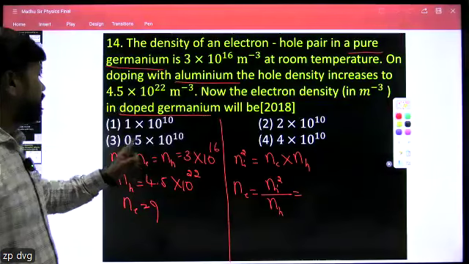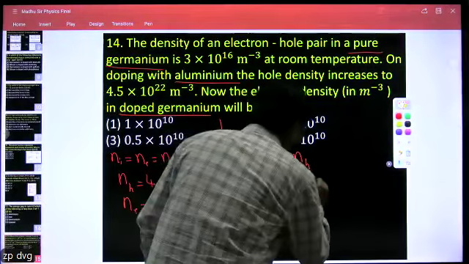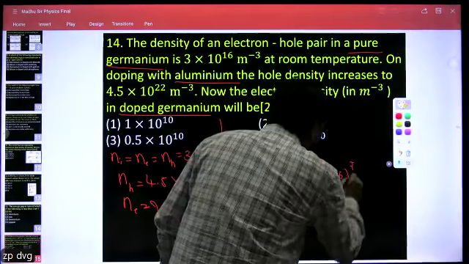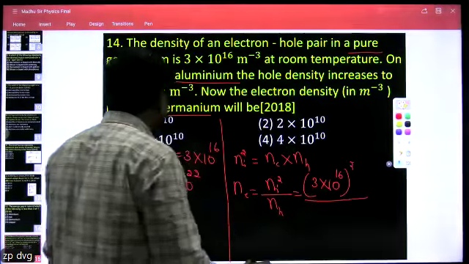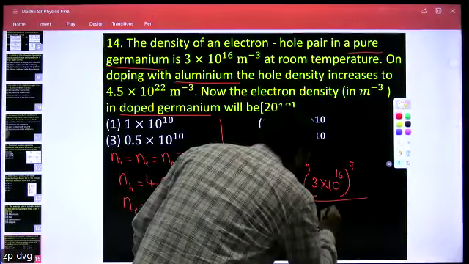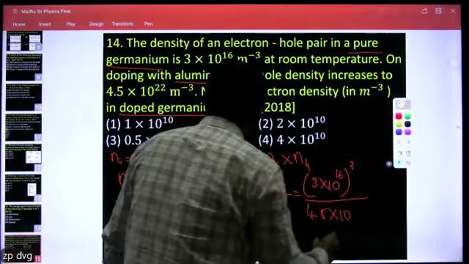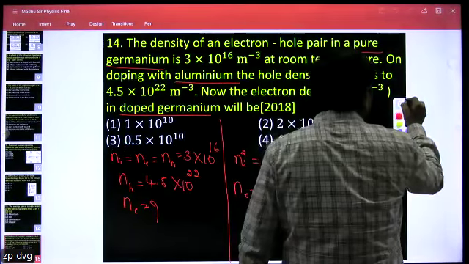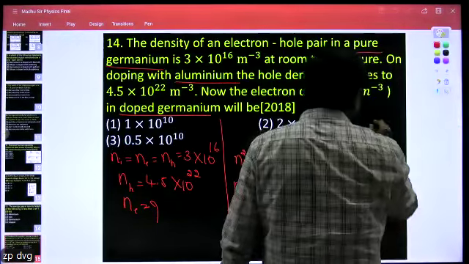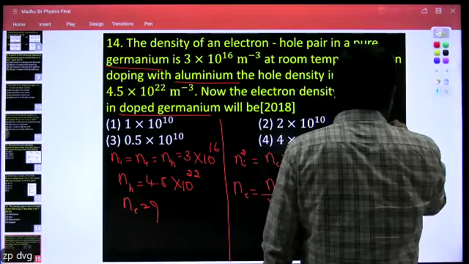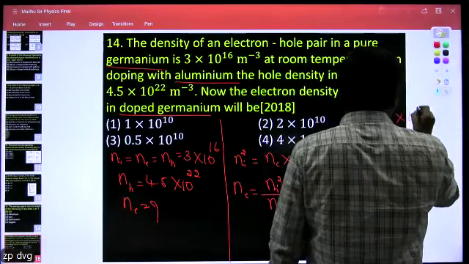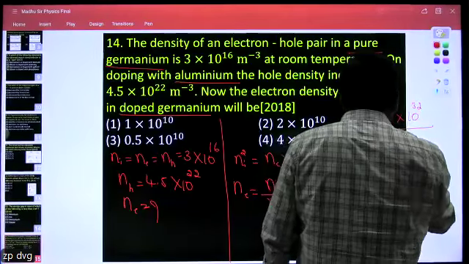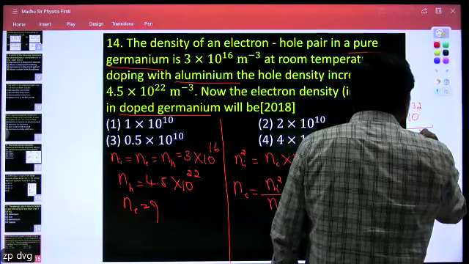So Ne is 3 into 10 power plus 16 whole square, divided by NH value 4.5 into 10 power plus 22. Simplifying, 3 threes are 9, 10 power 32, divided by 4.5 into 10 power plus 22.